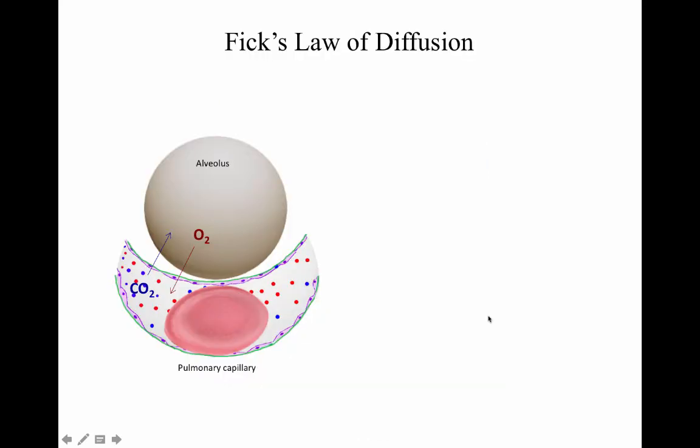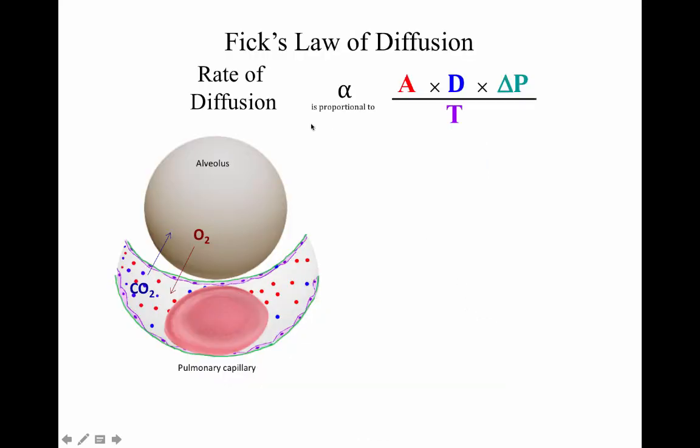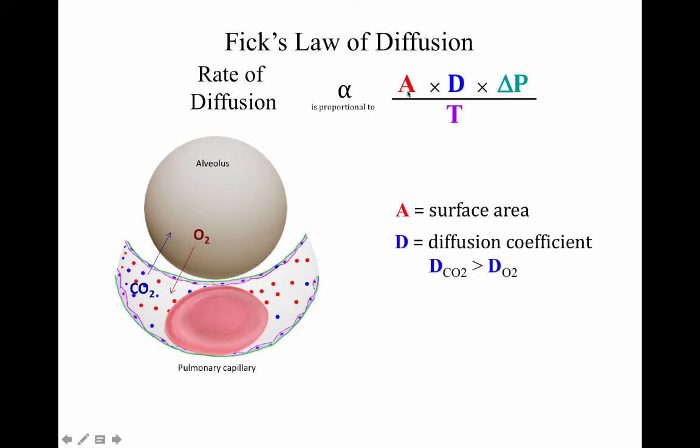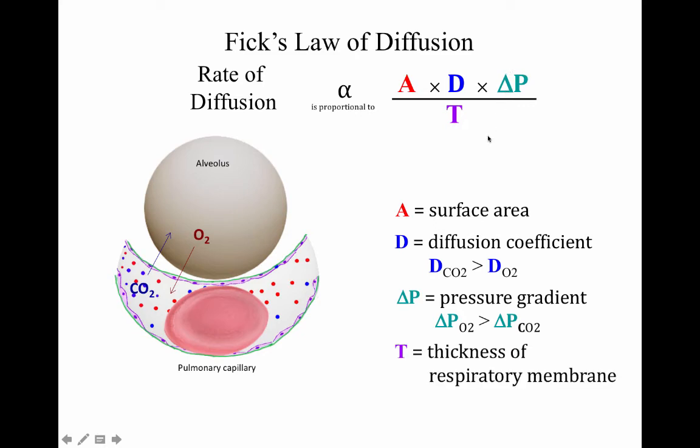Fick's law of diffusion would say that the rate of diffusion is proportional to the surface area, the diffusion coefficient, so each gas has its own coefficient, or a known quantity or percentage that it's known to diffuse through other substances, and then a change in pressure or the pressure gradient, divided by the thickness of the respiratory membrane.